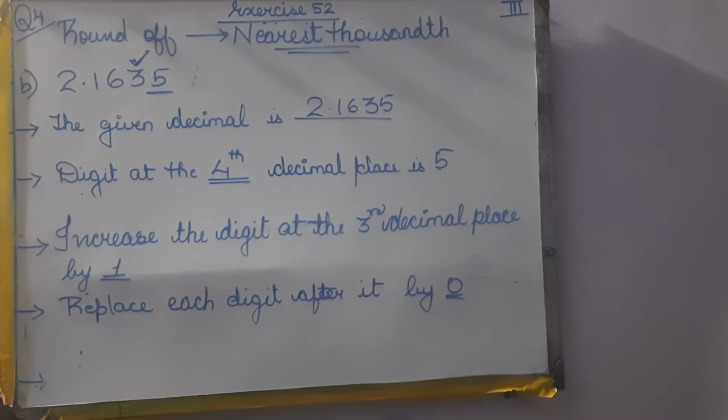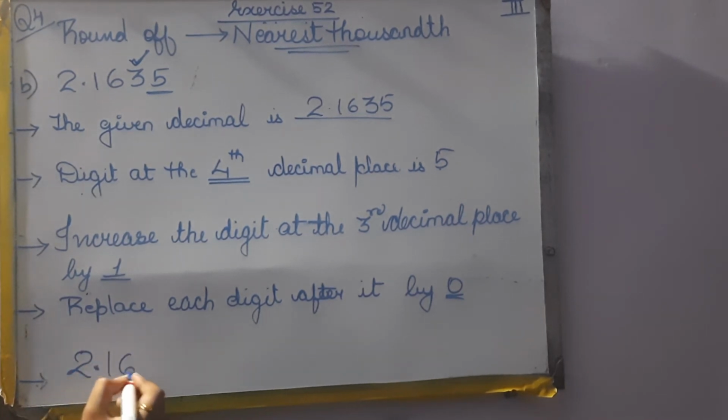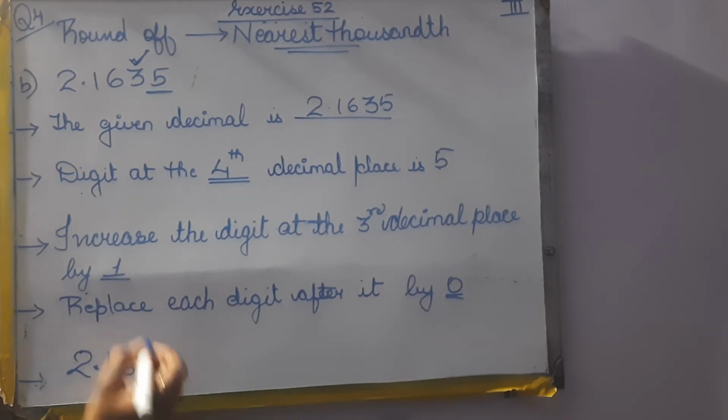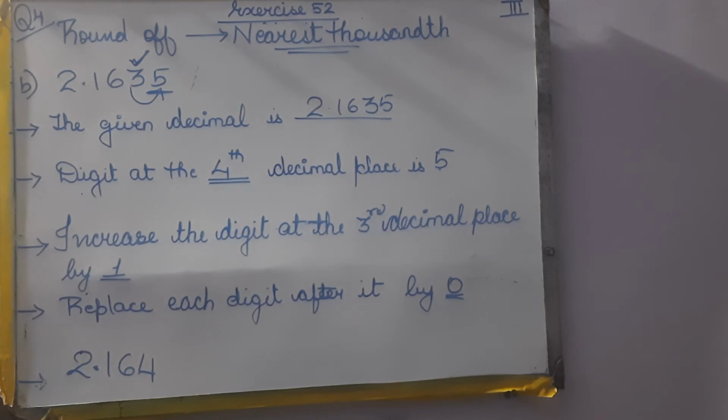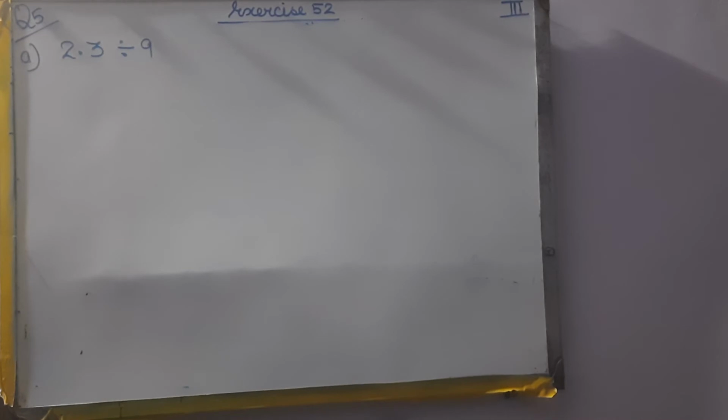So it will be 2.16, and 3 plus 1 will be 4. And replace each and every digit after the third decimal place by 0. So our answer will be 2.1640. Children, mark C and D as homework.